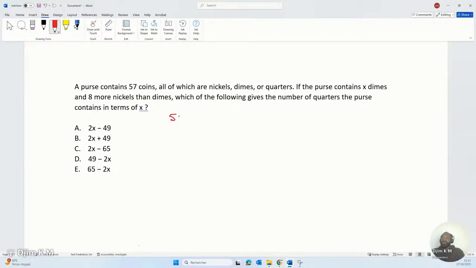So we have 57, which is equal to the total number of coins.